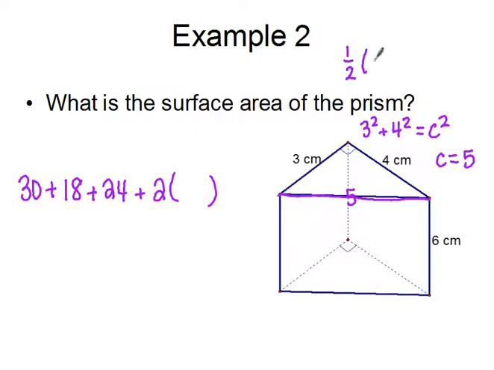So we get 1/2 times 3 times 4 is 6. Now we just need to add everything together. So 30 plus 18 plus 24 plus 12 gives us 84 centimeters squared. Okay? It's not real big, but you have to know your area formulas for this to work.